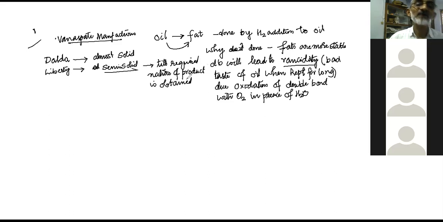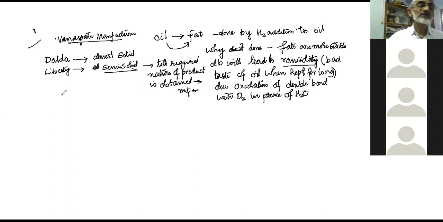So what is the required nature? That they can find from the melting point or by taking the iodine value. Melting point will be a very rough value, but iodine value is the best. So they find the iodine value and decide how much hydrogenation is to be done on the sample.